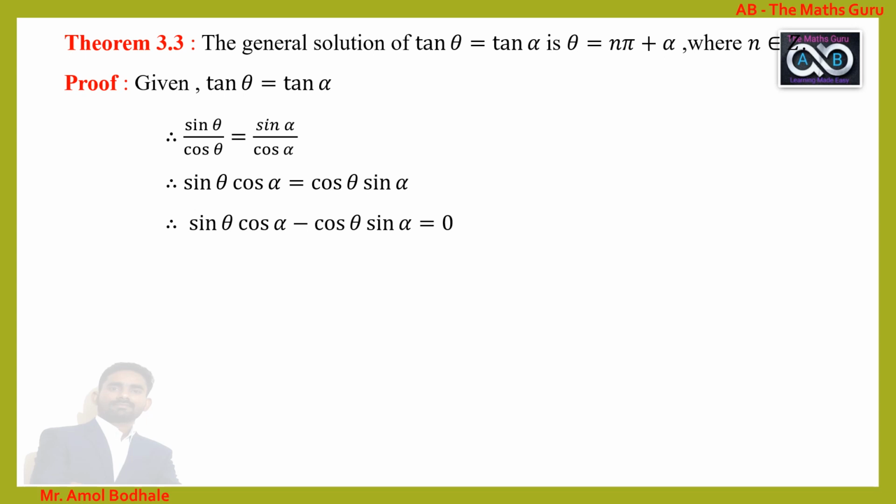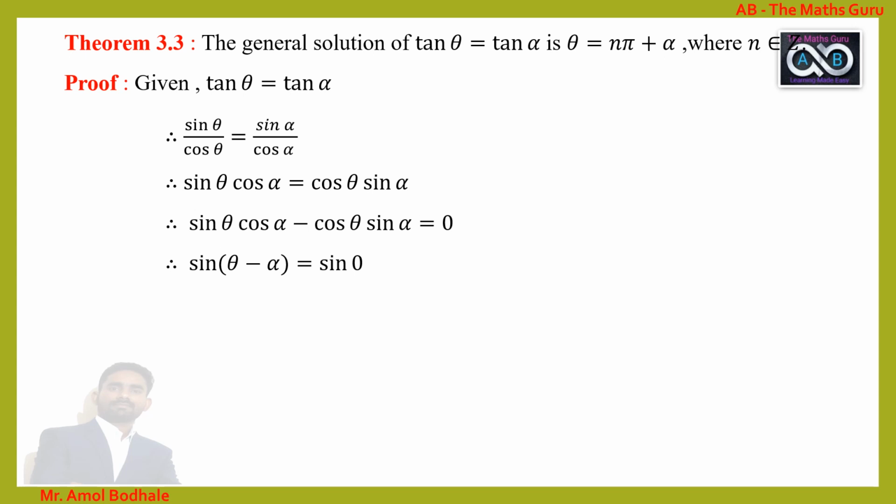Now we know the formula sine of a plus b and sine of a minus b. So what is the formula for sine of a minus b? Obviously if we expand this sine of theta minus alpha, we get this expression, that is sine theta cos alpha minus cos theta sine alpha, and this 0 can be written as sine of 0.